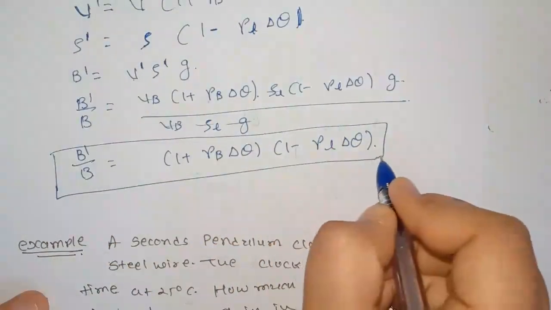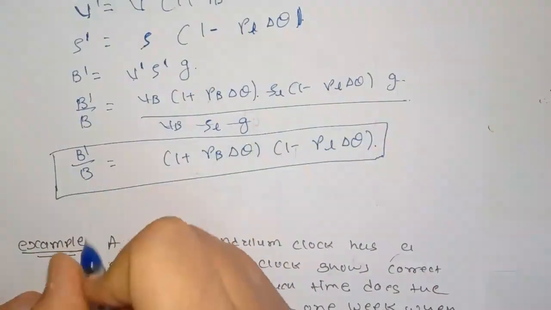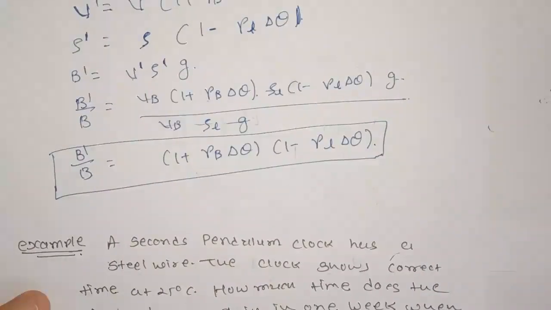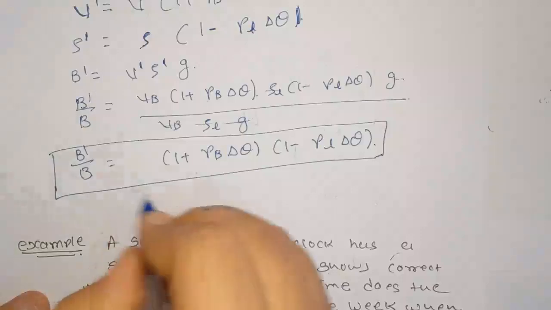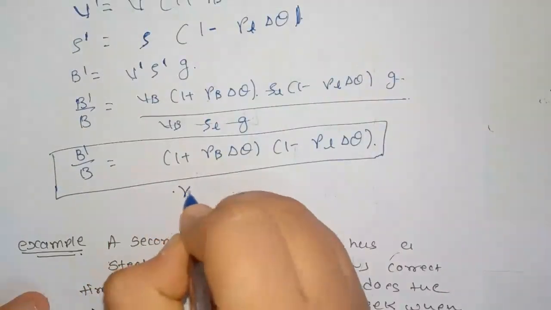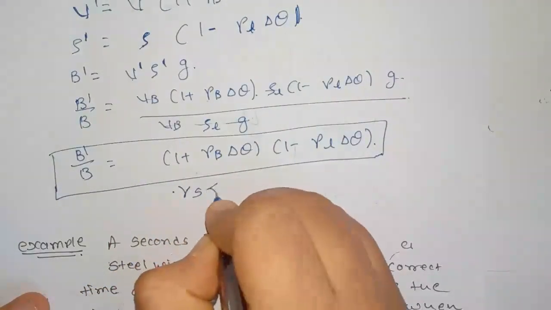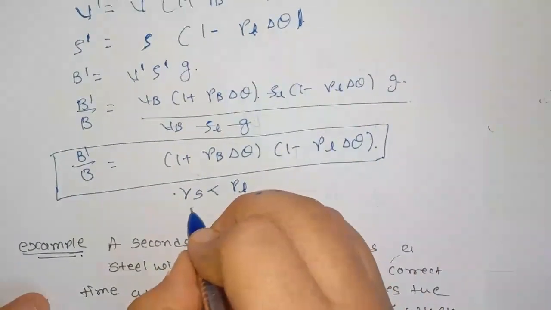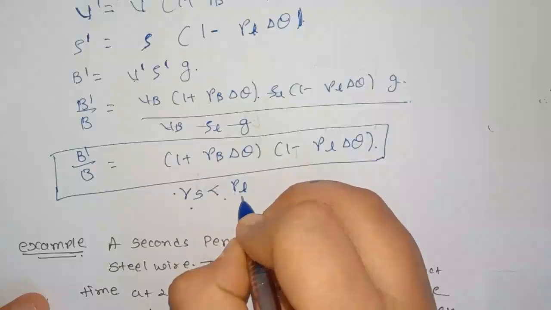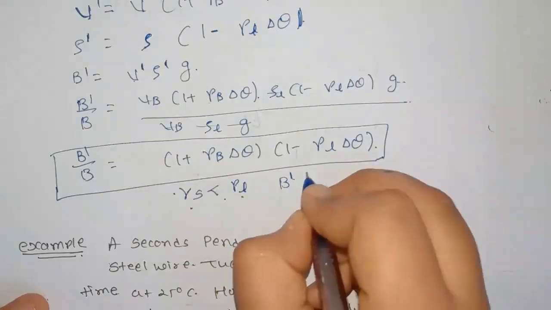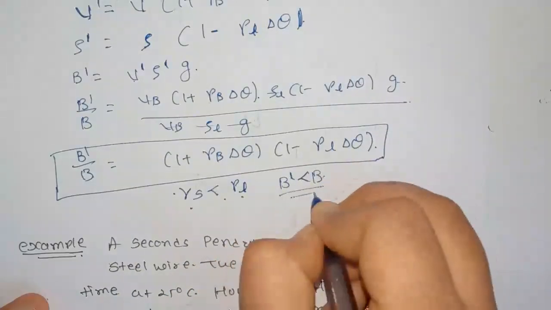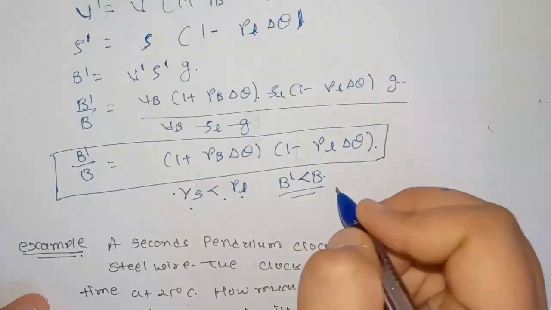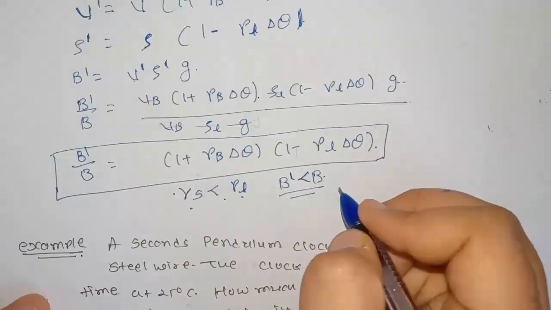From this we can find the new force of buoyancy. Now, if gamma of solid is less than gamma of liquid, then B dash will be less than B. So the new upthrust will be less than the previous upthrust.